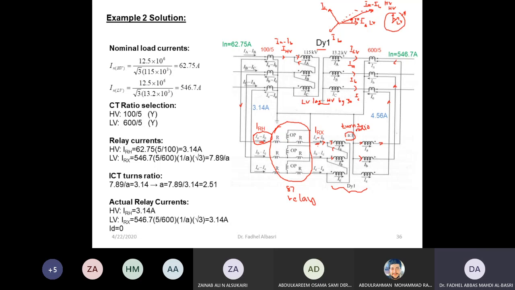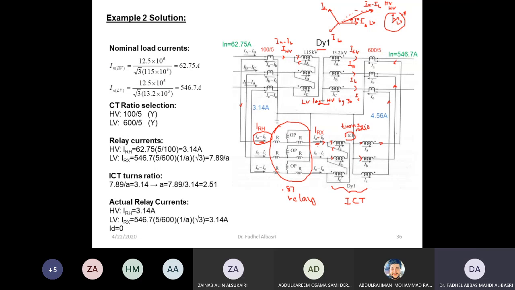I use H for HV and X for LV terminals, similarly for the main transformer currents. Now how do I do the same? All I did here was make the connections that correct the phase, but I don't know yet how to choose the ratio, 1 to A, of this interposing CT. This is the ICT.